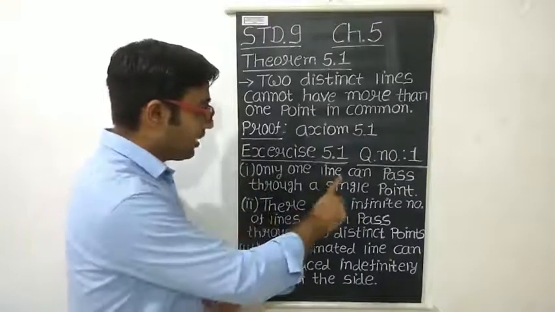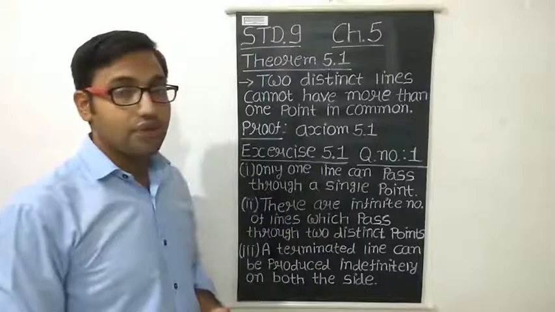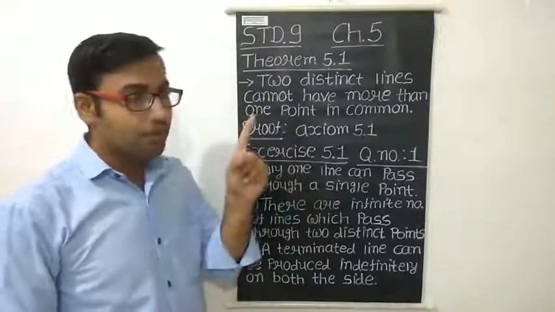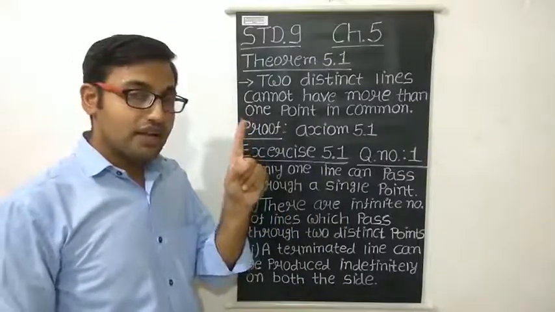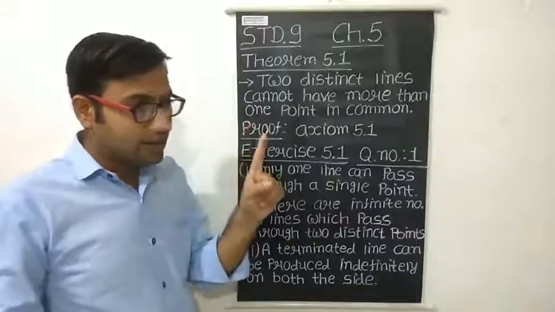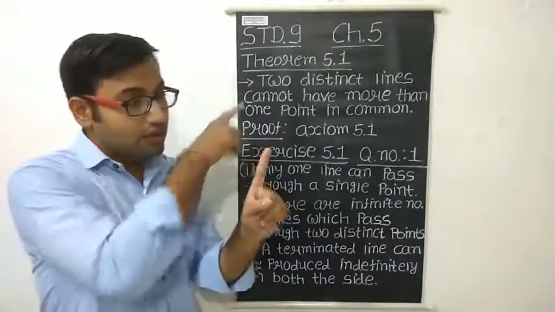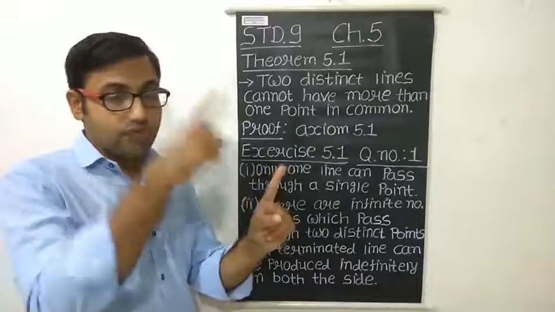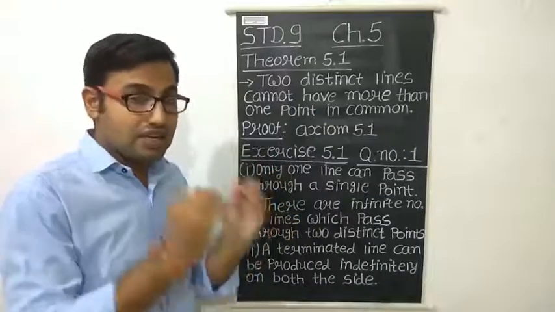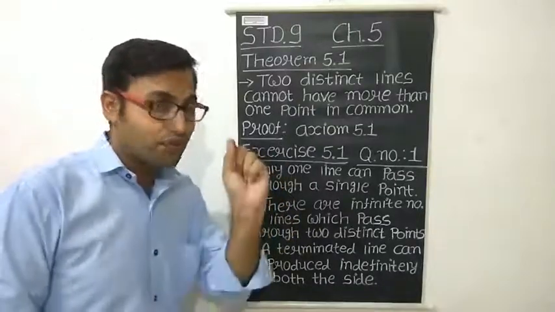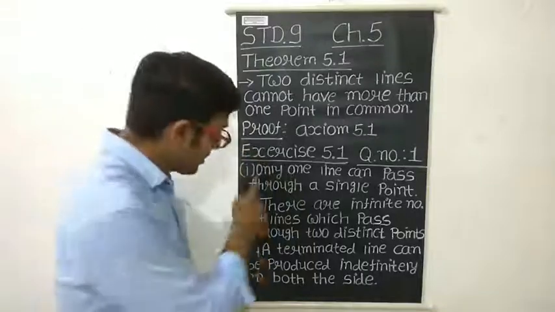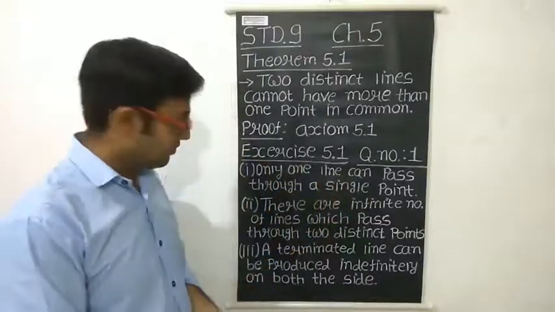If we are given only one point, is it possible that only one line can pass through it? No. 1, 2, 3, 4. We can pass infinitely many lines through a single point. So this statement is false.